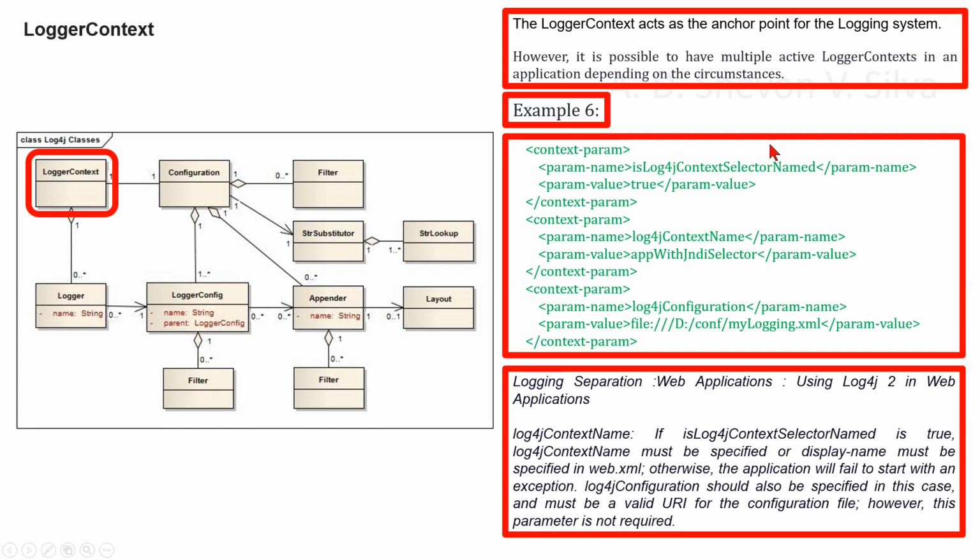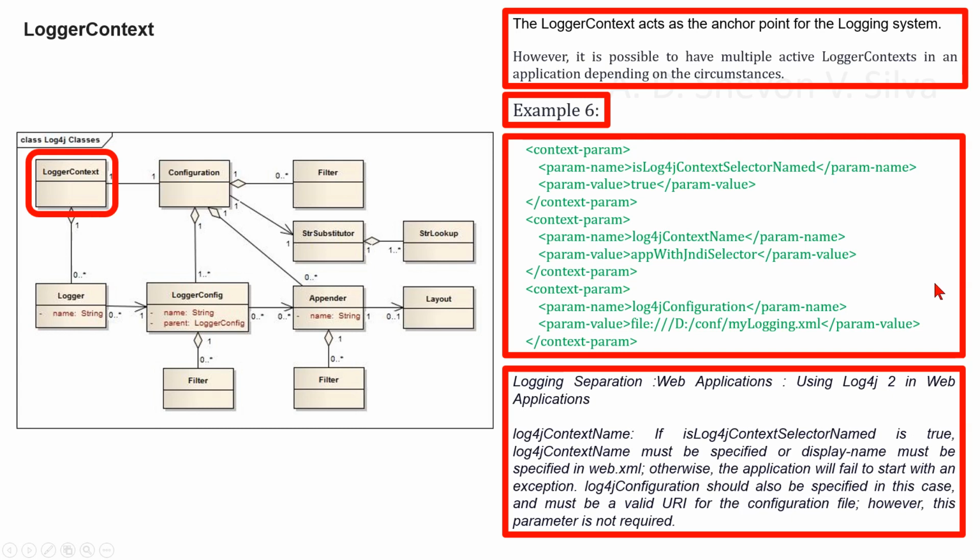Here with the JNDI context selector, note that in this case you must also set the Log4jContextSelector system property to org.apache.logging.log4j.core.selector.JndiContextSelector.